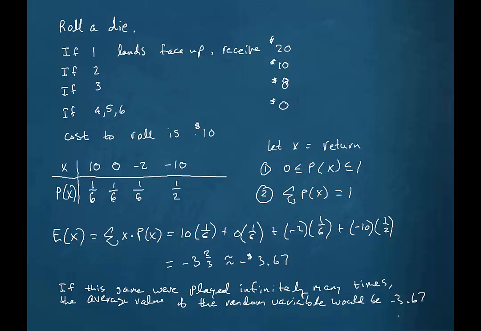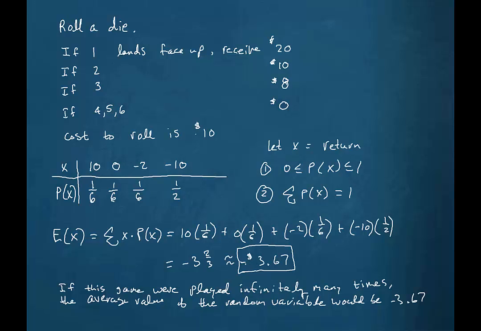And it should be noted here that in the gambling industry, the cost to play a game and the payouts are designed in such a way that the expected value would be negative every time, so that the person who is running the game, on the average, would receive a positive return.